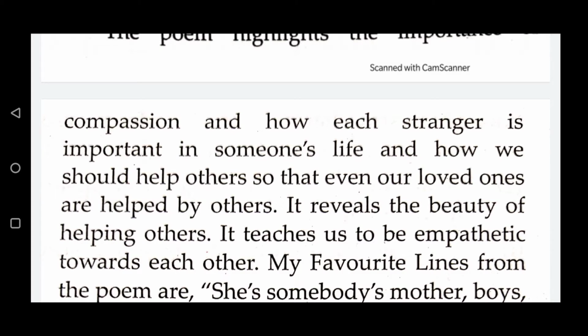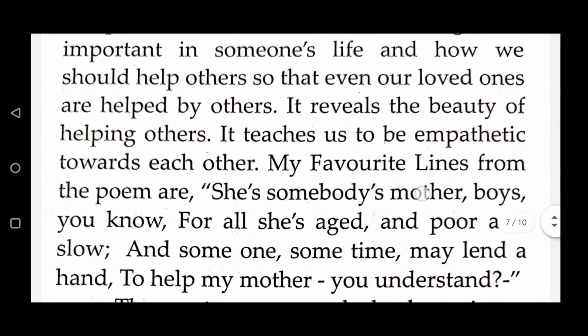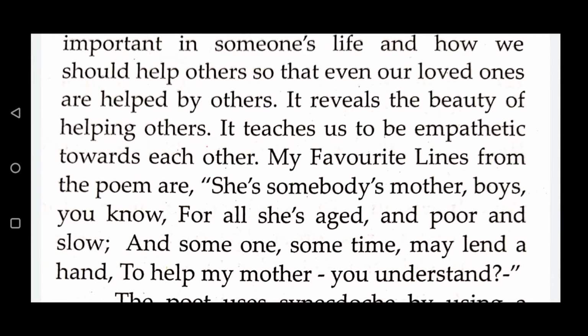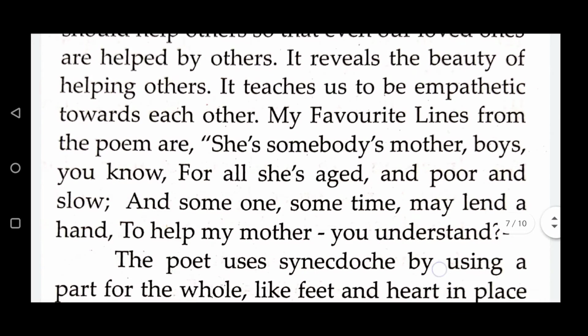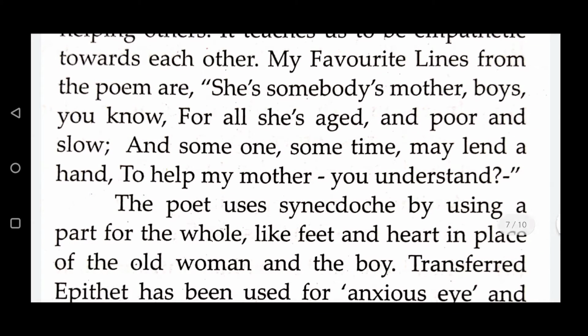It teaches us to be empathetic towards each other. My favorite lines from the poem are, she's somebody's mother, boys, you know, for all she's aged and poor and slow, and someone sometime may lend a hand to help my mother, you understand?